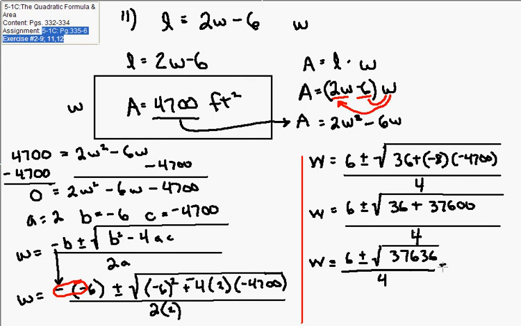Which is equal to 6 plus or minus, and taking the square root of 37,636, I get 194. So we're going to get 2 answers. Again, somewhat like we did before.